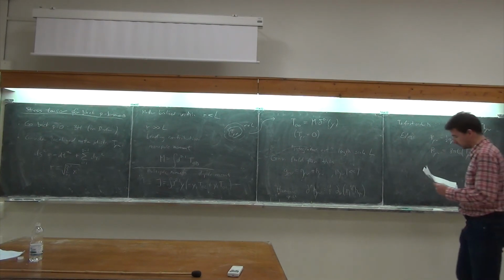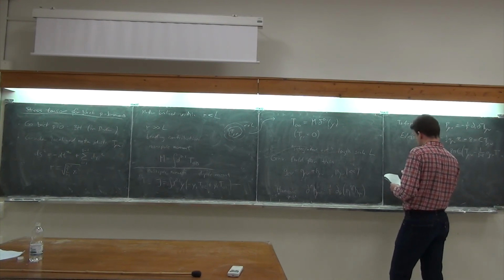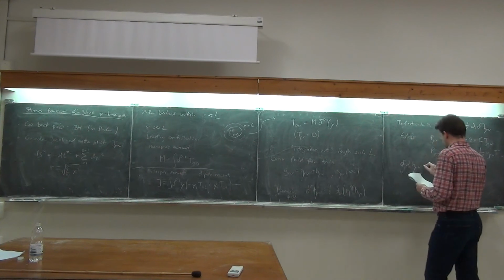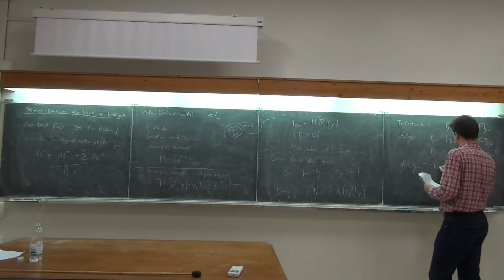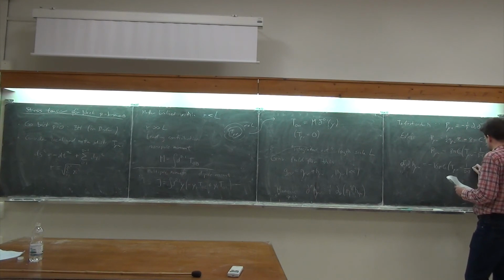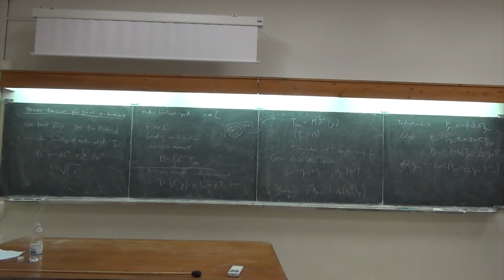If we use this, we can write that the Einstein equations become the box operator on H mu nu equal to -16 pi G times T mu nu minus 1/(d-2) eta mu nu T. Sorry, what is T? That's the trace of the energy momentum tensor.